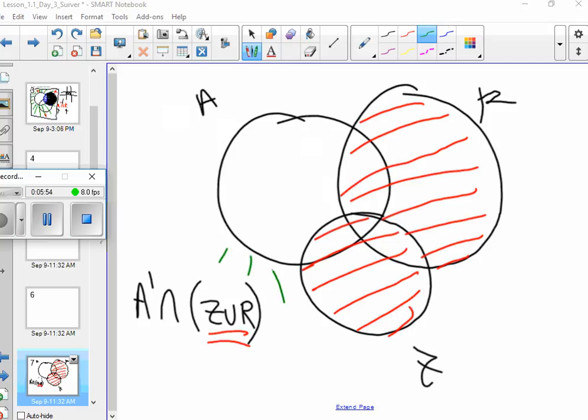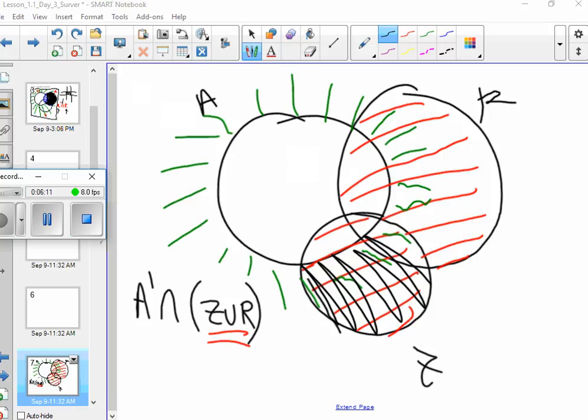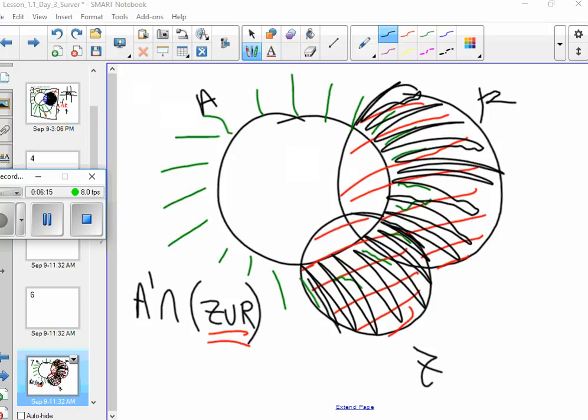Here's not A. Make it like a sun. You can tell where my board's out of alignment pretty easily, can't you? Little squiggle zone there. And so, where do they overlap? They overlap. I'm going to do it in black here. There we go.